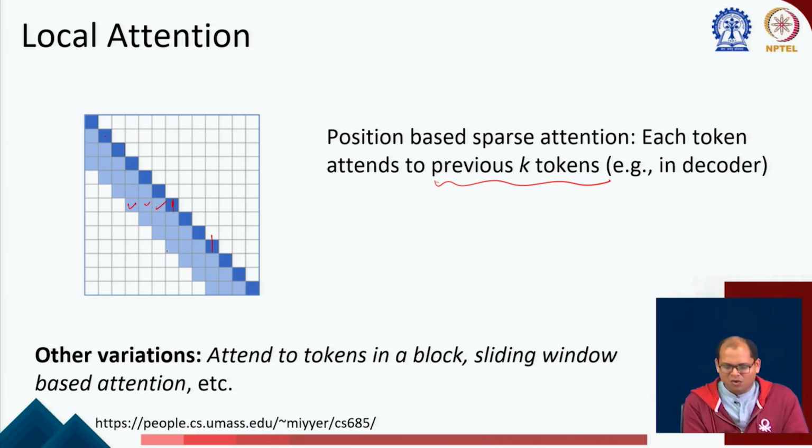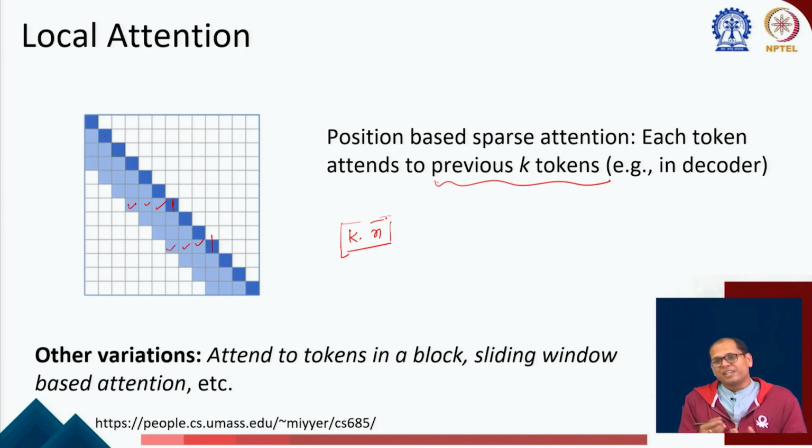I am here, only 3 tokens. This is a scenario in decoder, and in encoder you may do it symmetrically. So k tokens before, k tokens after, right. So this is one way of limiting your attention. Then you can see the computation will be simply k times n for an n sequence length, and it will be linear in n, if that k is constant.